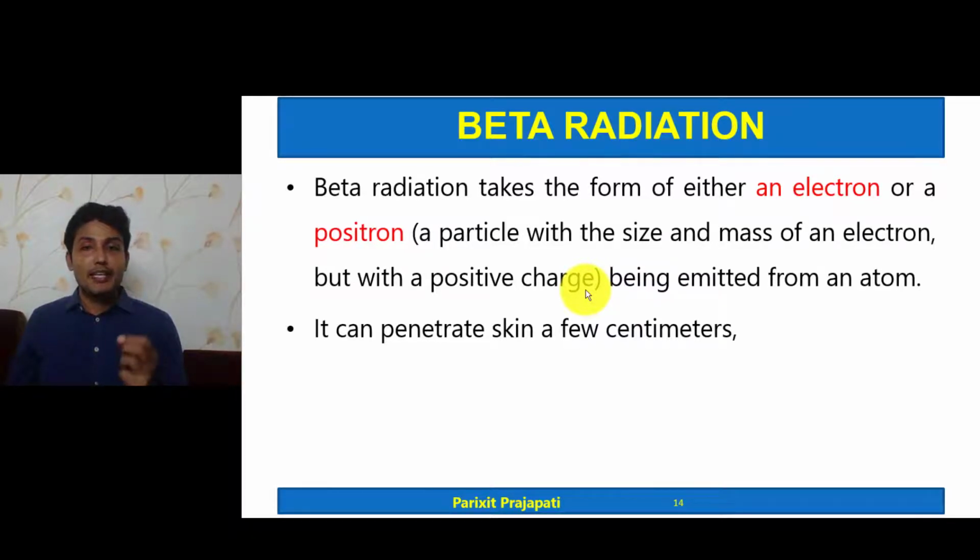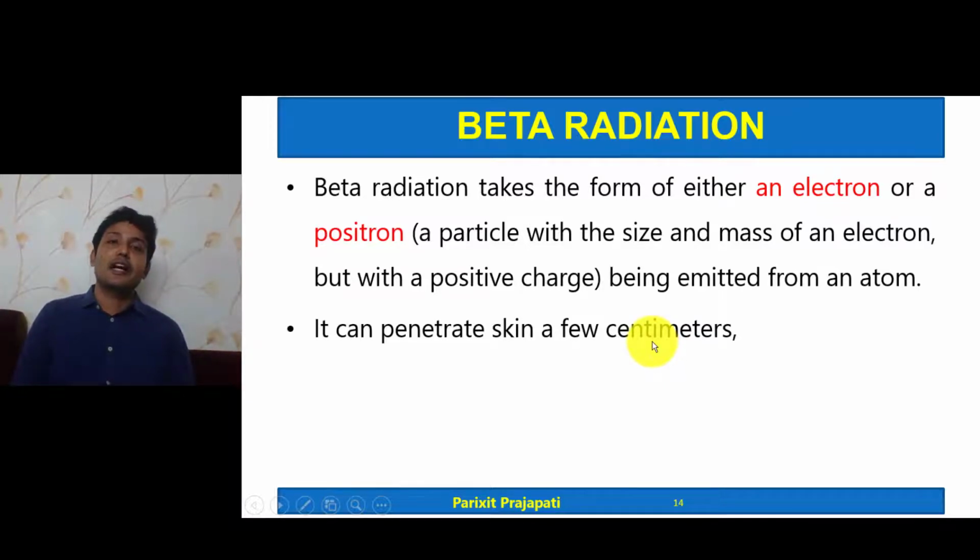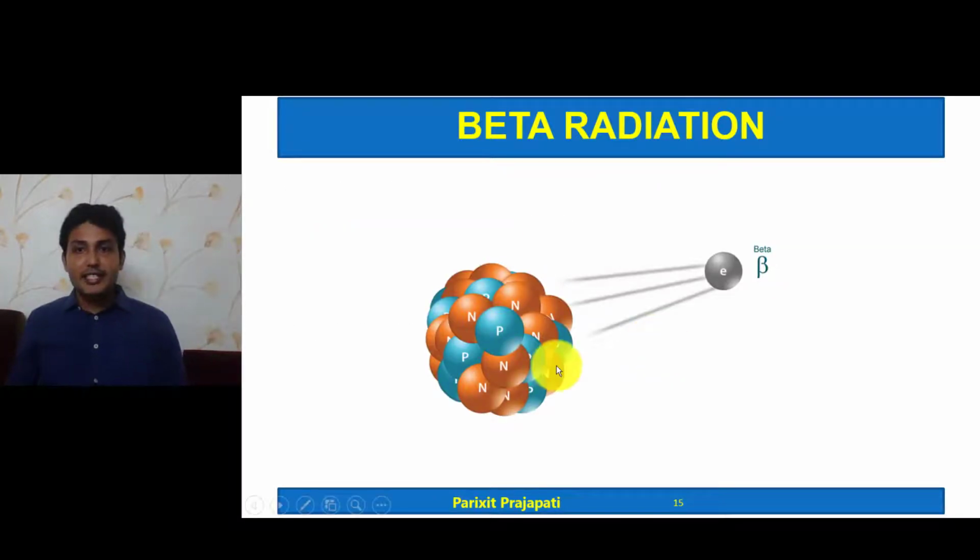That is emitted by the atom, and it can penetrate skin a few centimeters. So it has a slightly higher penetration power than alpha radiation. So beta radiation can be positively charged or negatively charged. Negatively charged ones are also known as negatrons, and positively charged ones are known as positrons. So this is the beta particle.